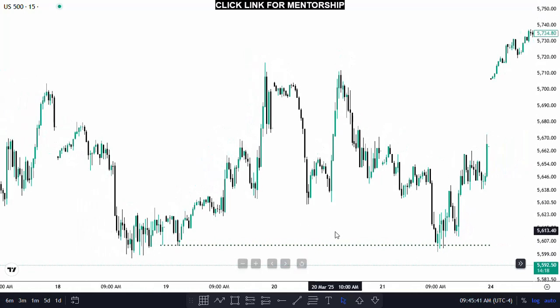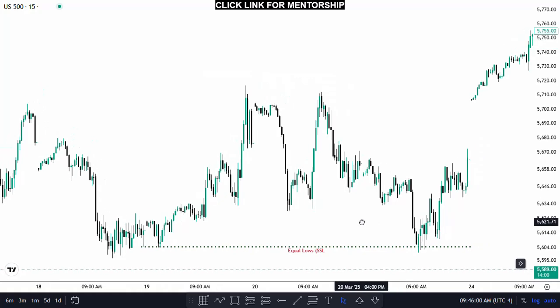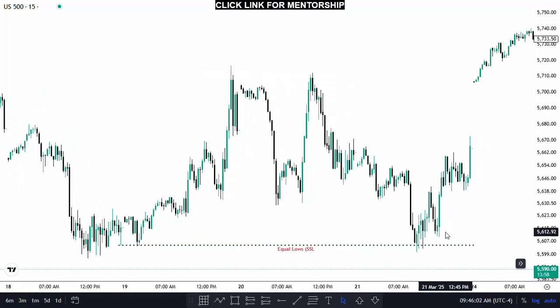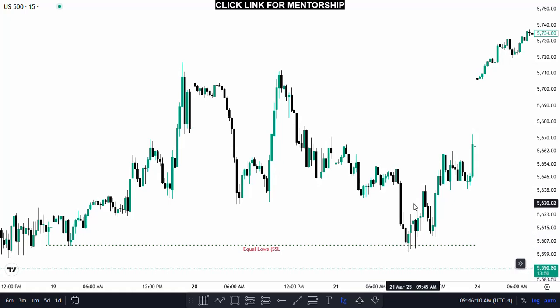So if you just want to add to your confidence, you can add equal lows, even write sell side liquidity. So when price did a turtle soup here, when price took out all that liquidity down there, at least you would understand why price would just start going to the upside here.